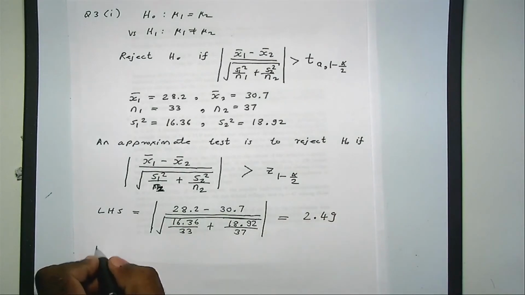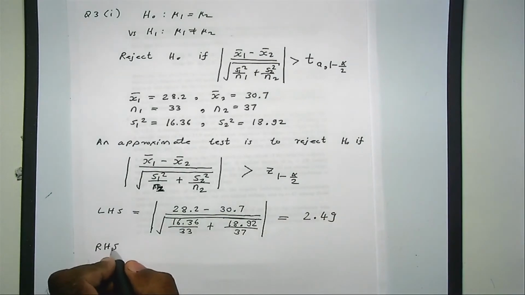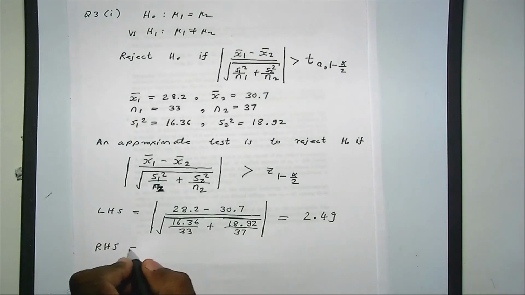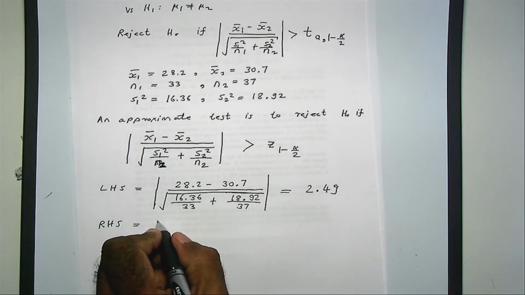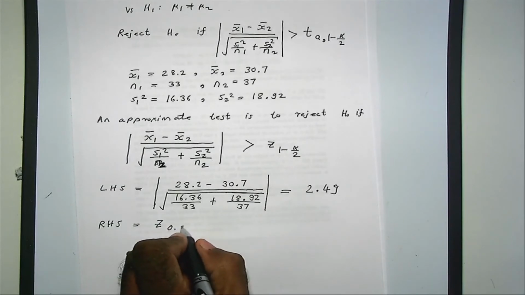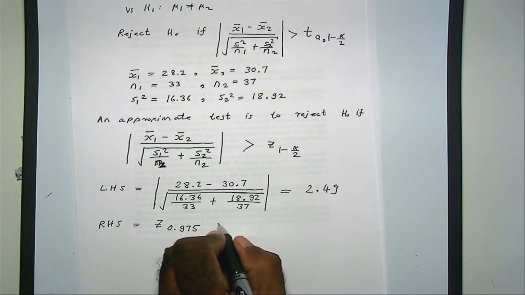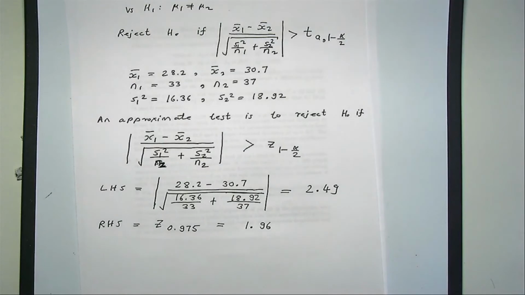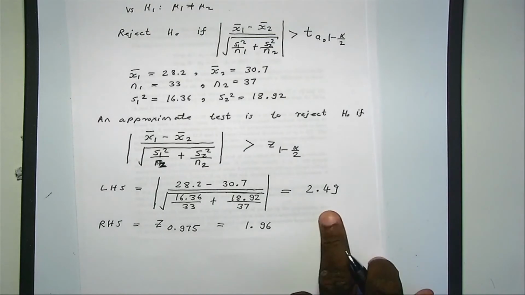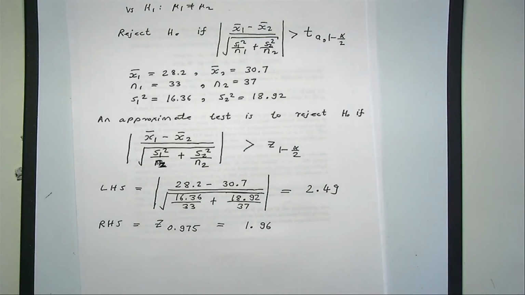And the right hand side, we are using alpha as 5%, so that's going to be z 0.975, and that's going to be 1.96, right? So clearly 2.49 is greater than 1.96.